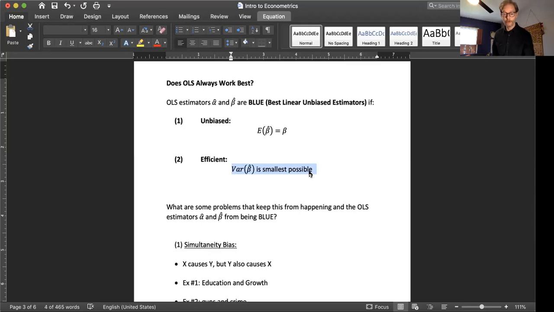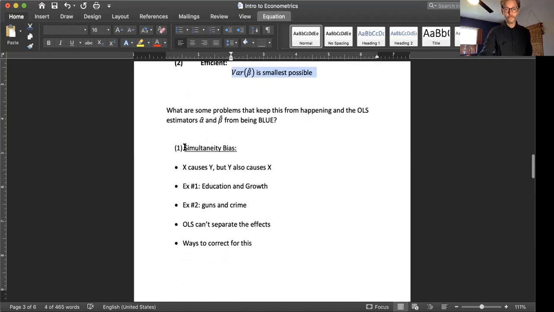In other words, 3 problems that often exist in financial data that you should be aware of and be looking for. The first problem here is simultaneity bias. In our model, we assume that X causes Y, but what happens if Y also causes X? Maybe the causation moves both ways.